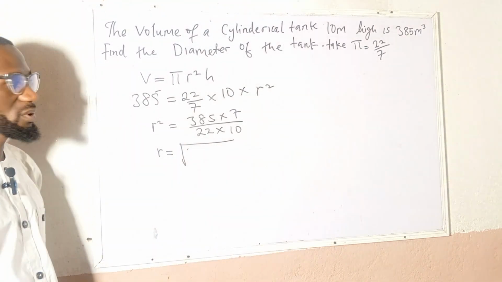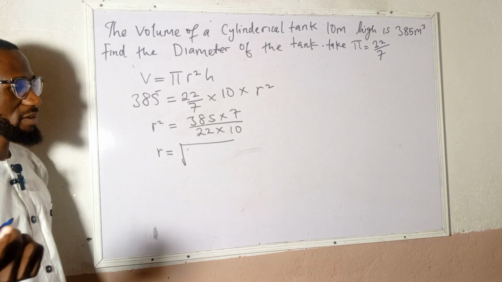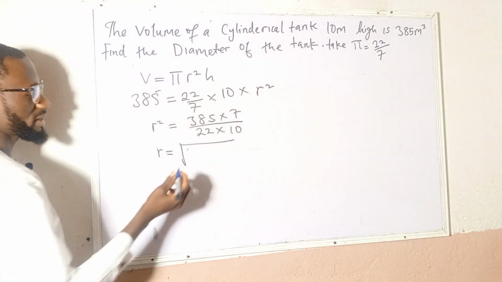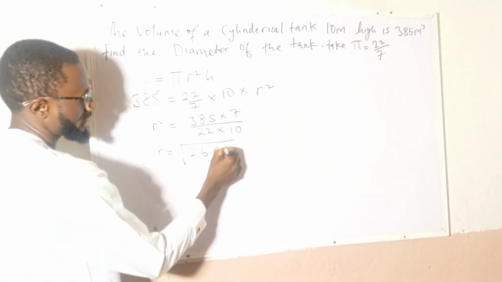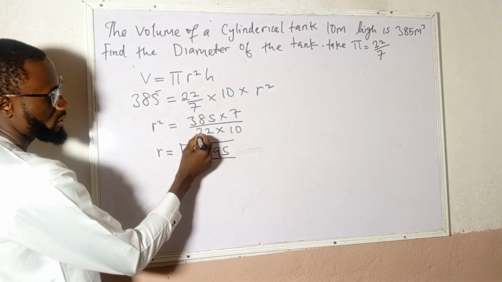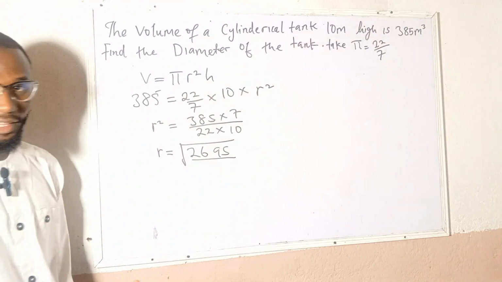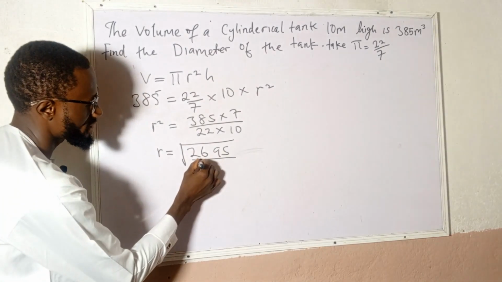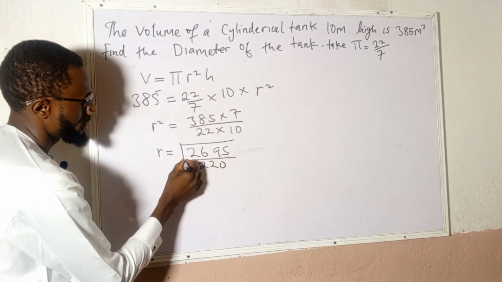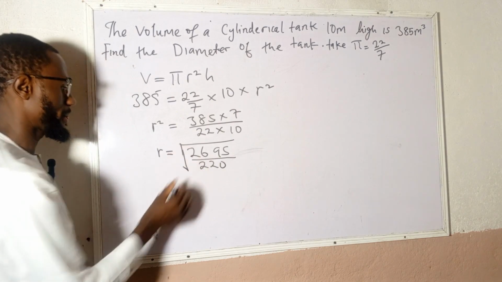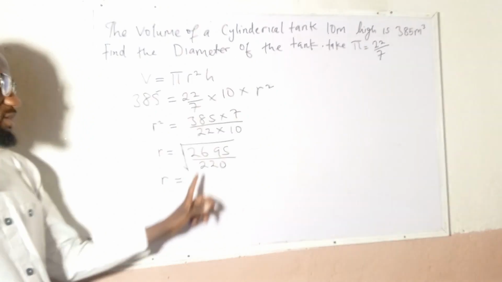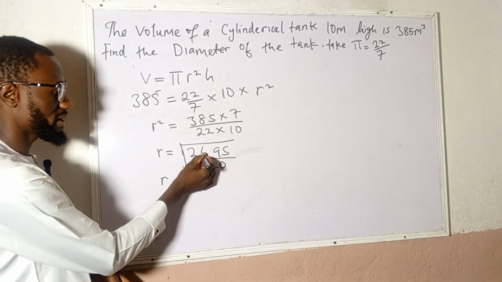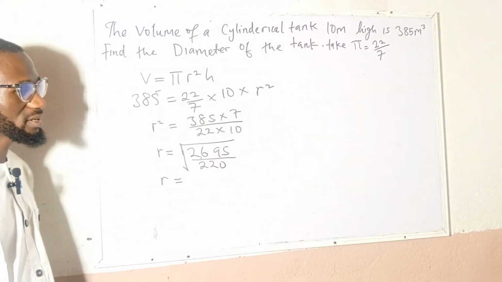385 times 7, we have 2,695, all over 22 times 10. Here we have 220. Then we can take r is equal to the square root of 2,695 divided by 220.